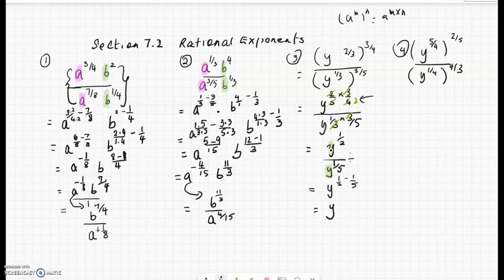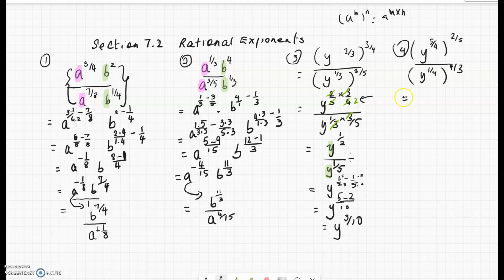So this is equal to, we multiply the numerator and denominator by 5, numerator and denominator by 2, because 10 is the LCM. So we have 5 minus 2 over 10, and that's equal to y to the 3/10.